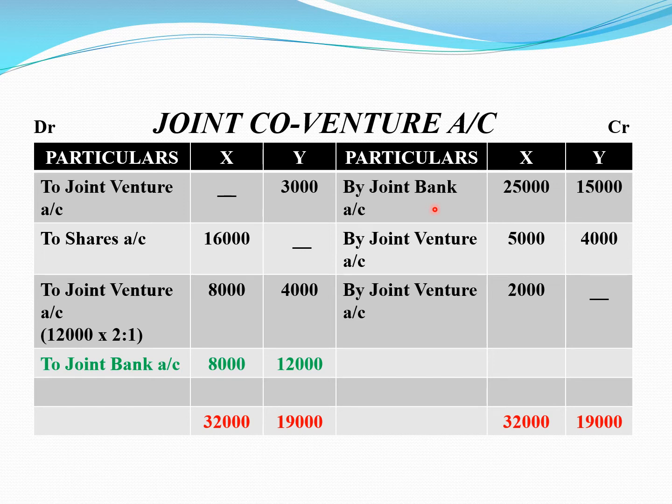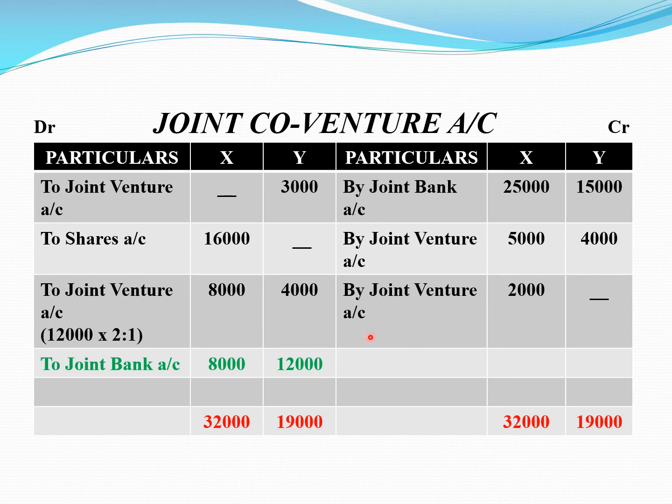Co-venture account. By joint bank account, capital contributed by X and Y. Next we write by joint venture account, material supplied by X, material supplied by Y. Next, by joint venture account, architect fees 2,000 paid by X. Debit side, to joint venture account 3,000, material taken over by Y. To shares in X column, shares taken over by X. And then 12,000 net loss to be distributed to X and Y, 8,000 and 4,000, in the ratio of 2:1.